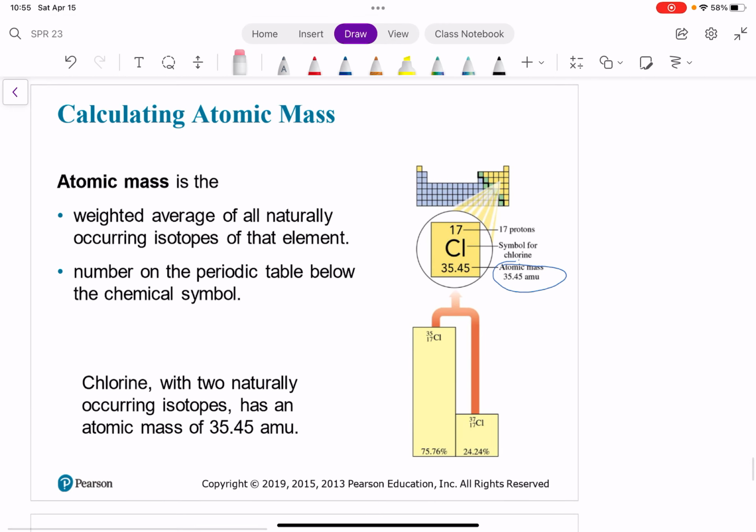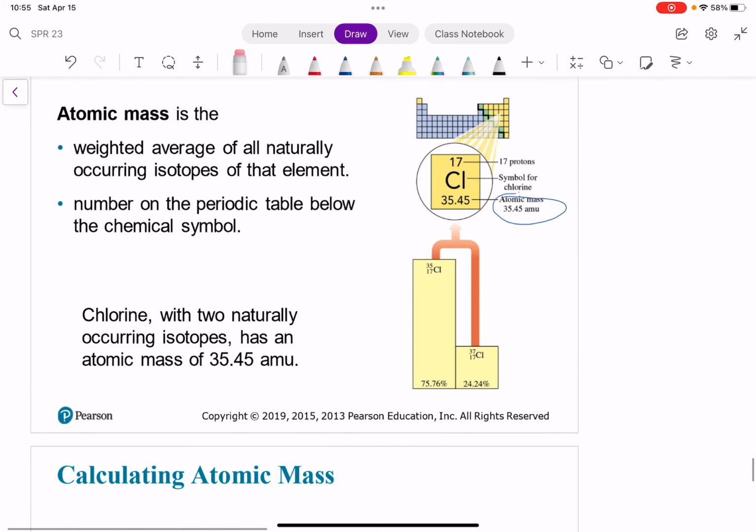Okay, so you can calculate the atomic mass, which is listed on the bottom of each element in your periodic table. It's actually a weighted average of all the naturally occurring isotopes of that element, and it's the number on the periodic table shown below the chemical symbol. So chlorine, with 2 naturally occurring isotopes, has an atomic mass of 35.45 AMU.